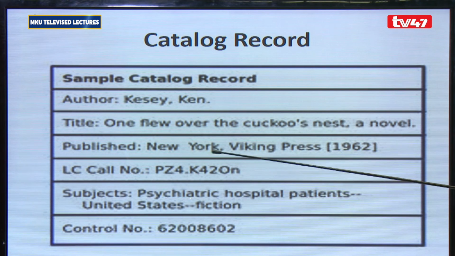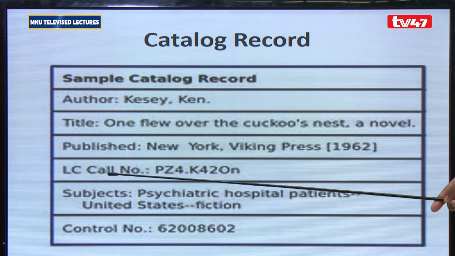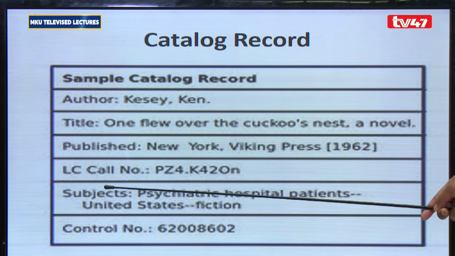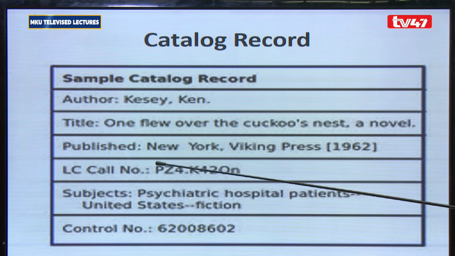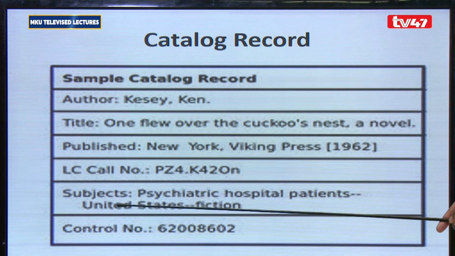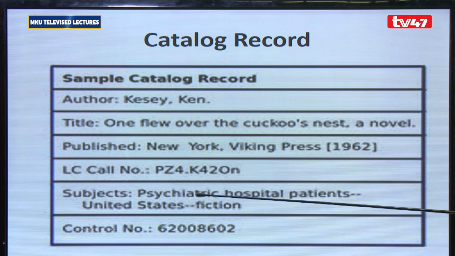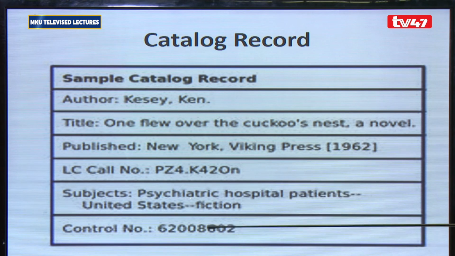This is called the imprint. Then the call number, which is a unique number assigned to the information resource material. The subjects that are covered, like for this one is psychiatric hospital patients, and then the control number and so on. So those are items that can be captured in a catalog record.